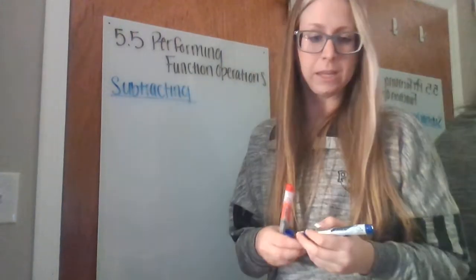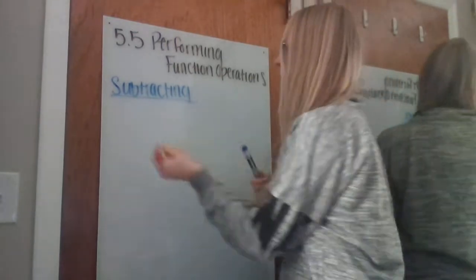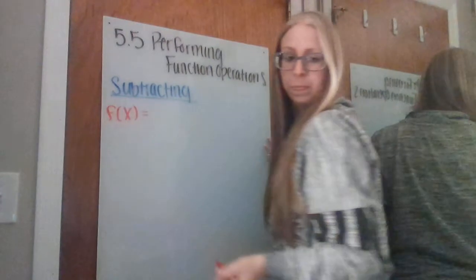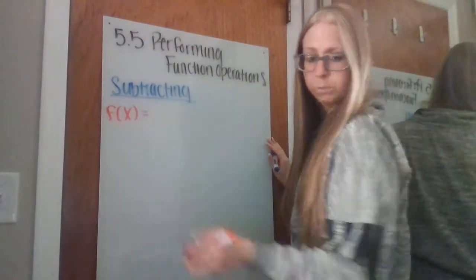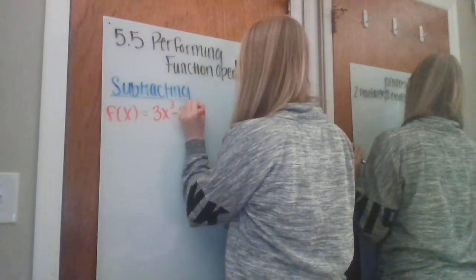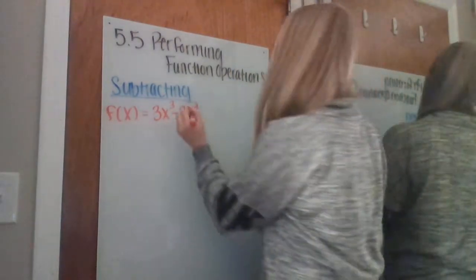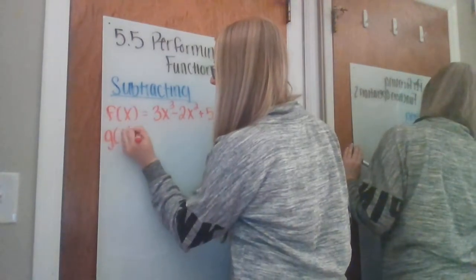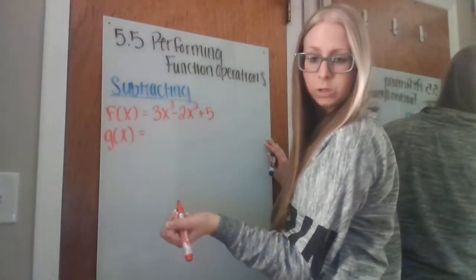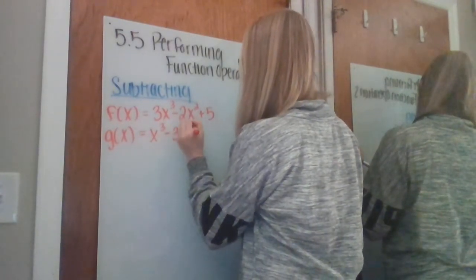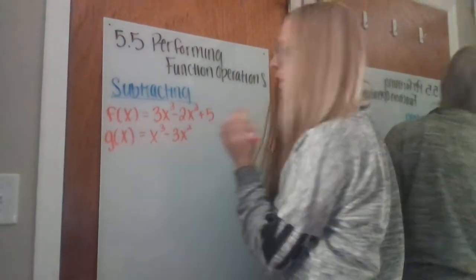Okay, subtracting. So say I give you f of x equals 3x cubed minus 2x squared plus 5. And g of x equals x cubed minus 3x squared plus 4x minus 2.